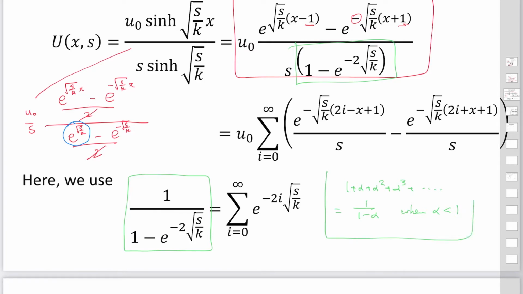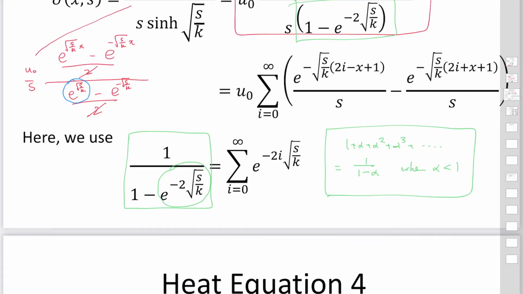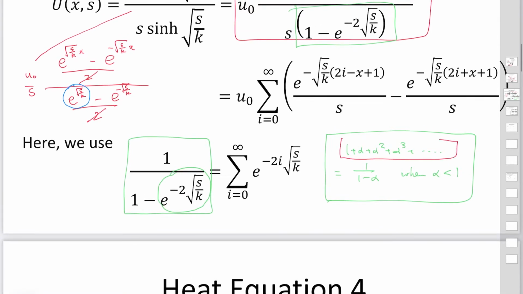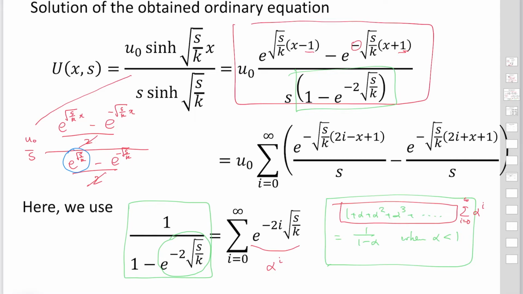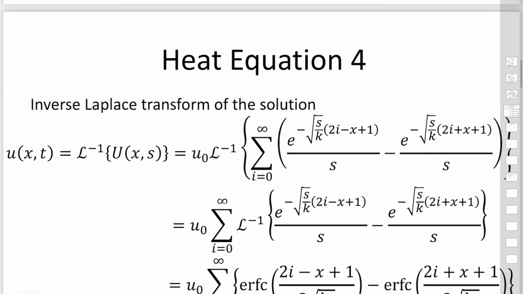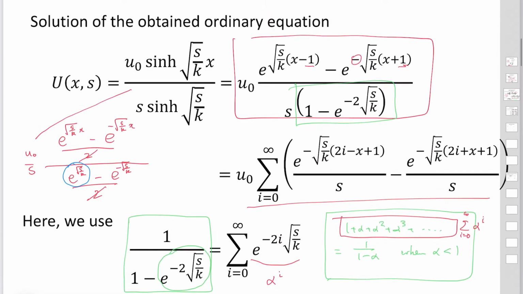In this case alpha corresponds to these quantities. So it is expressed with a sum, sigma i equals 0 to infinity of alpha to the i. Then we change this to 1 over 1 minus exponential of minus 2 times square root of s over k, and it is split into two terms. So we have found the equation for the Laplace transform capital U.